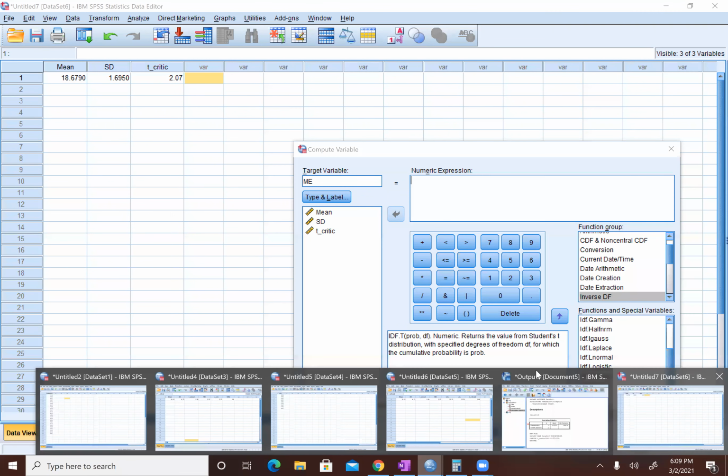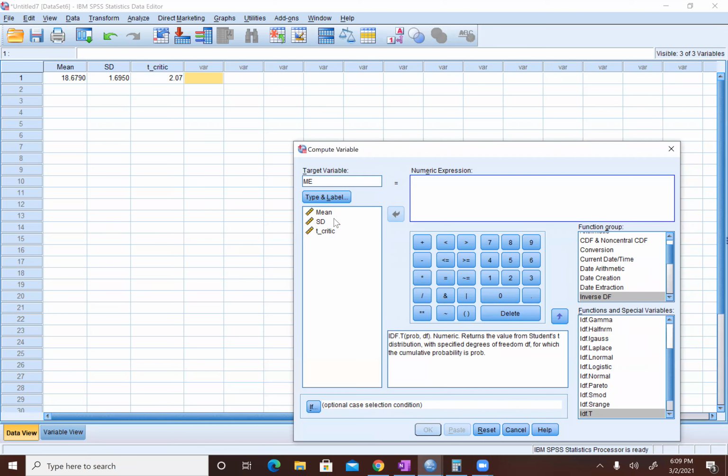So I have T critical times standard deviation divided by square root of 24.